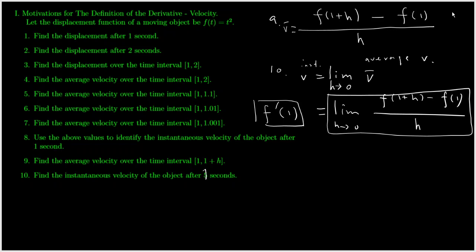Okay, I hope I have enough room in here. It doesn't matter. I will start a new slide just to make sure I have enough room. Now let's recall the setup. The displacement function is t squared in meters, right?